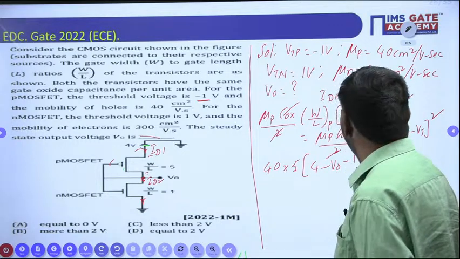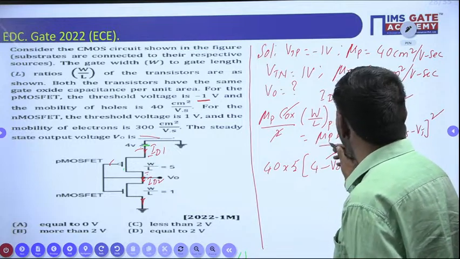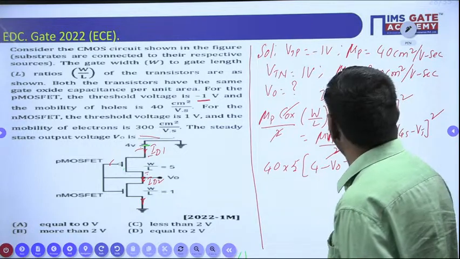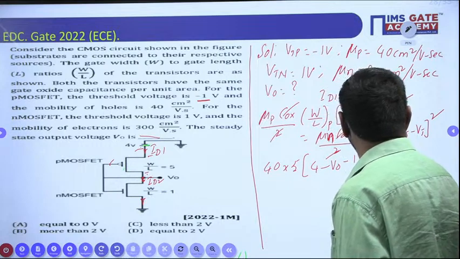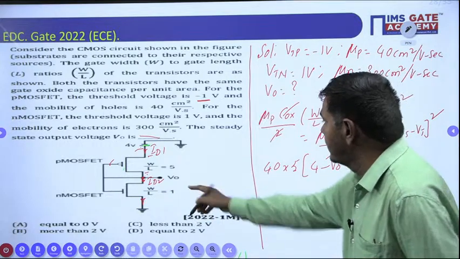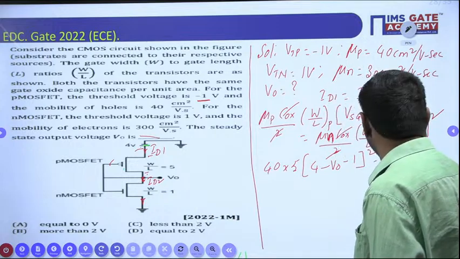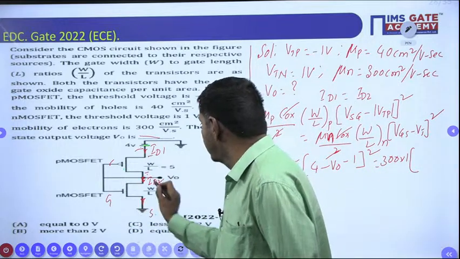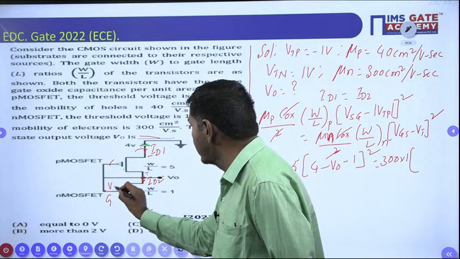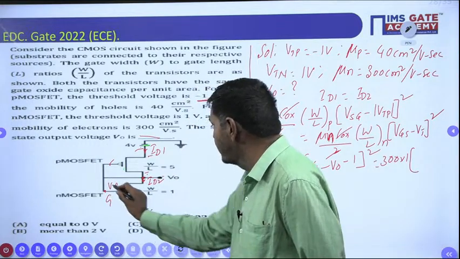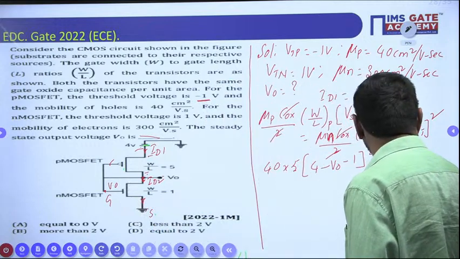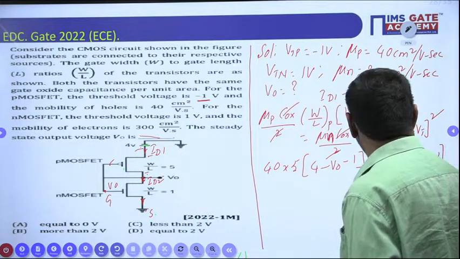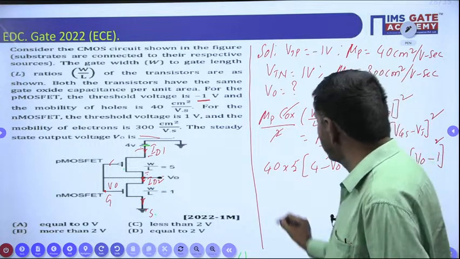And on this side it is mu N, sorry, the mobility of electrons, which is 300, into W by L. The aspect ratio for the NMOS is 1. VGS, this is the gate, this is the source, means V naught minus 0, that means V naught only. Minus VT, which is 1 as we know VTN, whole square. Expand the whole equation and you will find V naught.